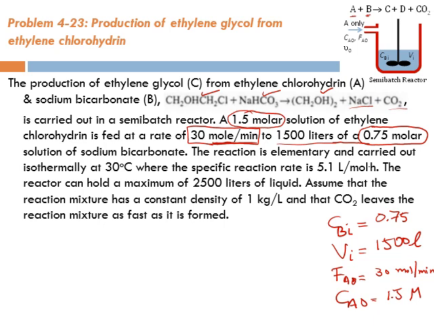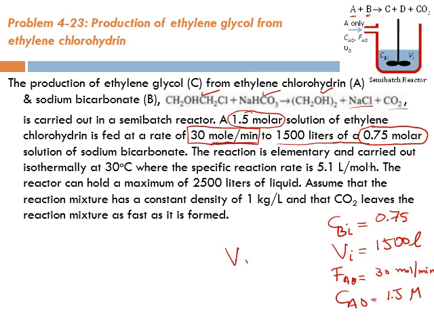Okay. The reaction is elementary and carried out isothermal at 30 degrees C, where the specific reaction rate is 5.1 liter per mole per hour. Make sure, guys, that you convert the units, time units, so it's either all in hour or a minute. The reactor can hold a maximum of 2,500 liters of liquid.